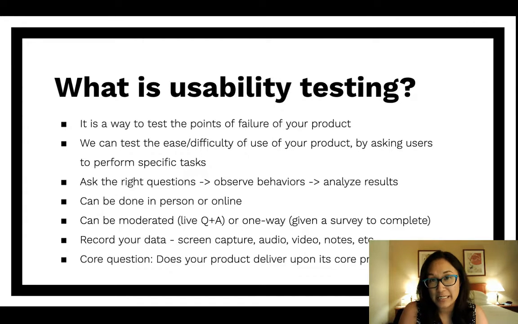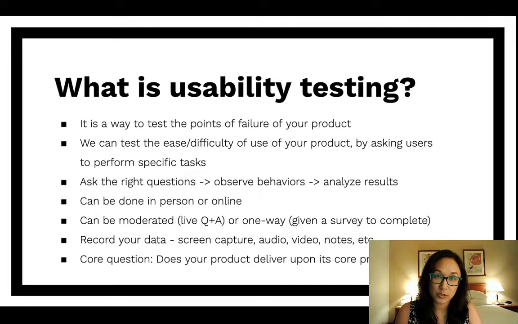The usability study is also a way for us to better understand the ease of use or how difficult it is to use your product. And the way that we do that is by having them perform very specific tasks. So earlier in our design sprint, you actually had conducted a task analysis, or some of you did, in terms of giving someone a prompt and then observing them going through another app or another website experience.